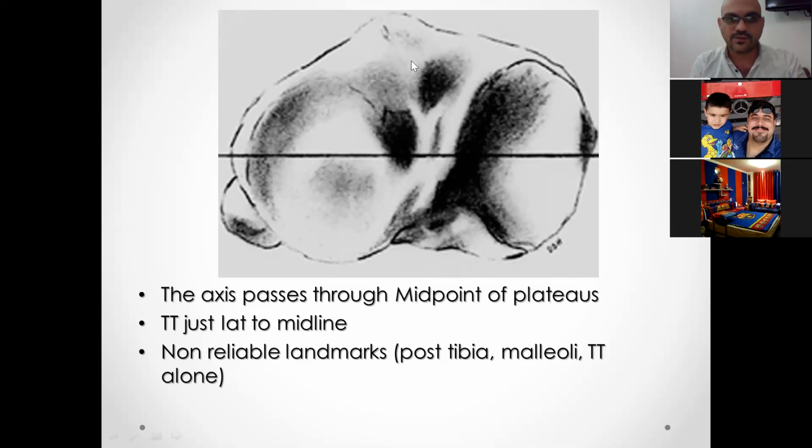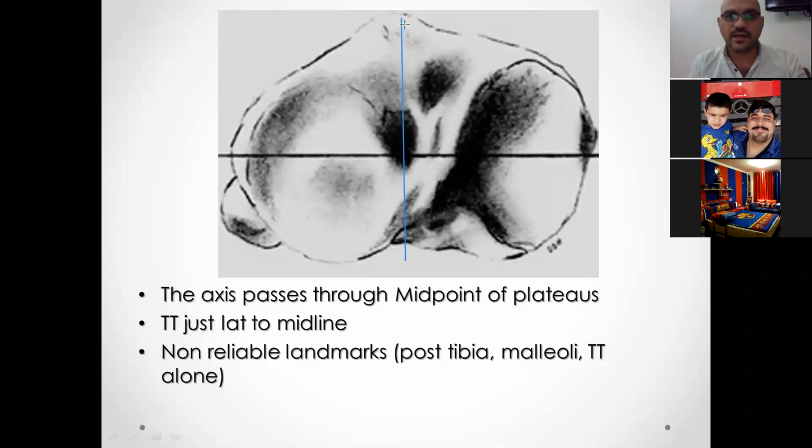If you have a perpendicular line like this one, you can see the tibial tubercle is just lateral to the midline of the tibia.